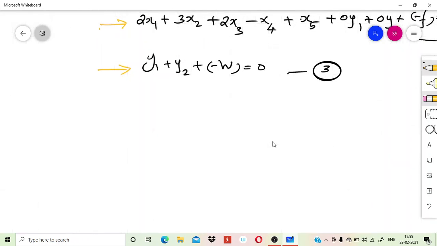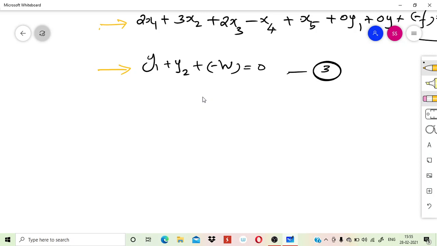One more step you have to do is to transform equation number 3 in the form of x1, x2, x3 also, because in equation 3 the coefficients of x1, x2, x3, x4, etc. are 0. In canonical form you have to make some coefficients.